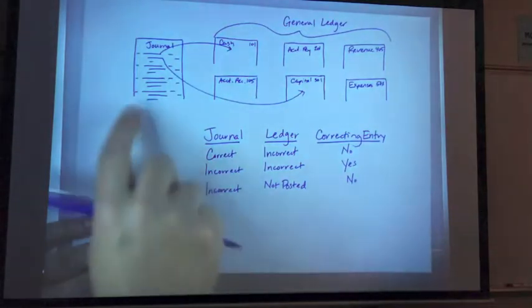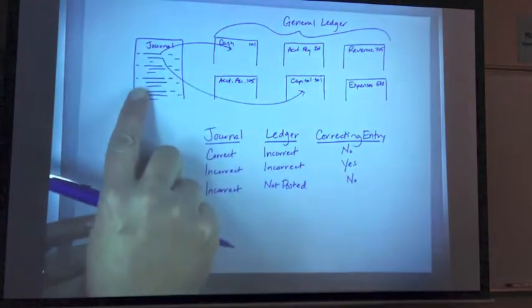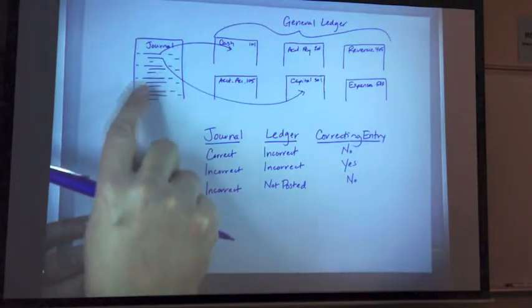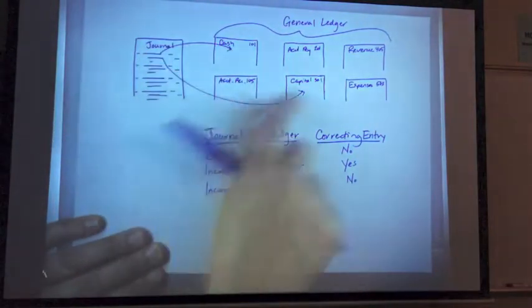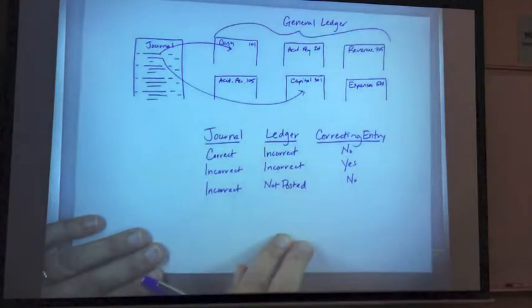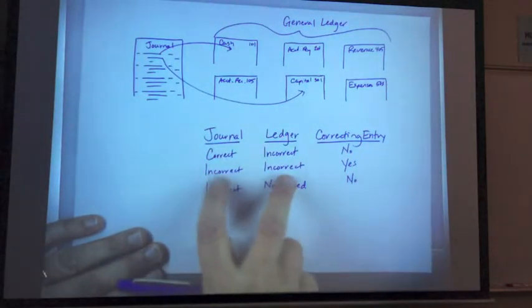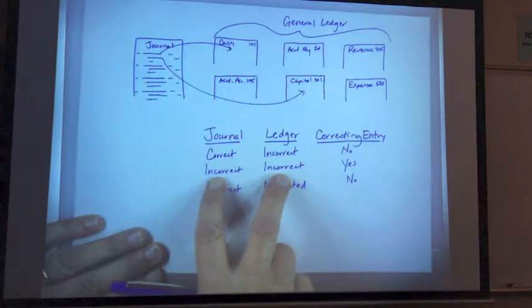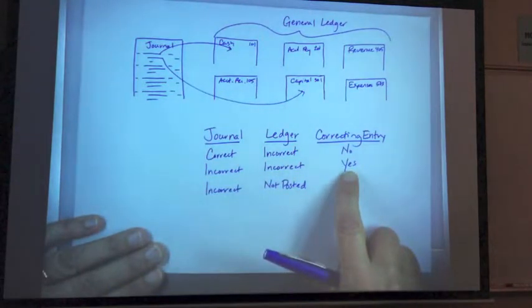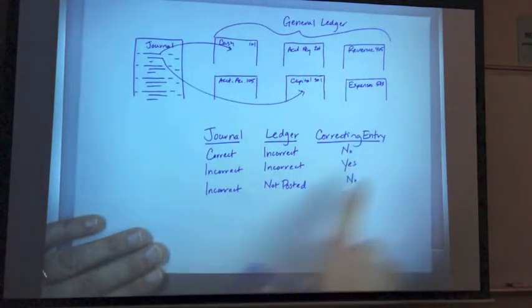If, however, you find an error over in the journal, and before you figured out that there was an error, you posted that same error over to the general ledger, so it's incorrect in two different places, that's when we're going to have to create a new journal entry to fix it.